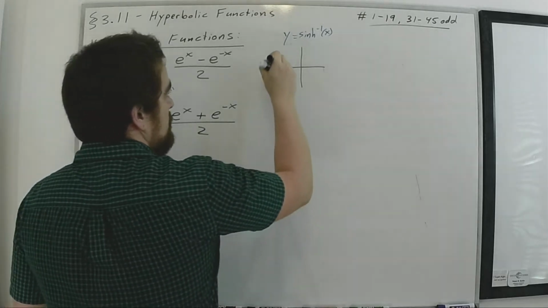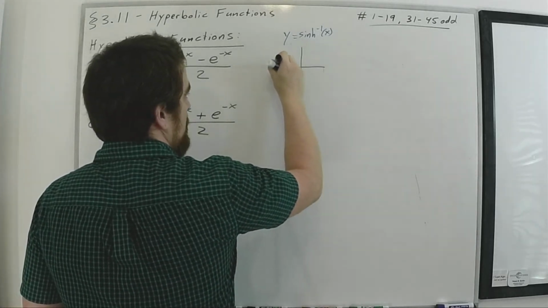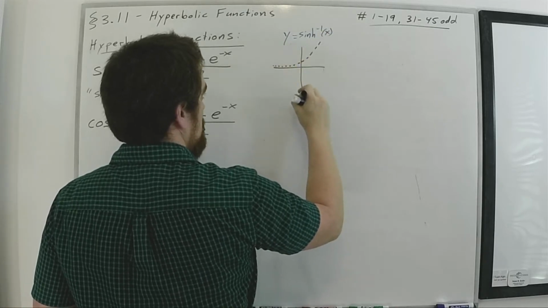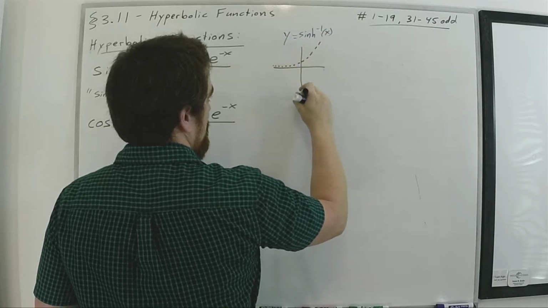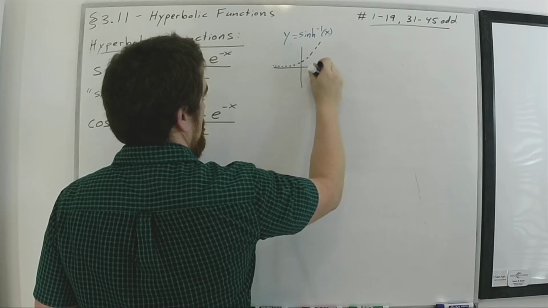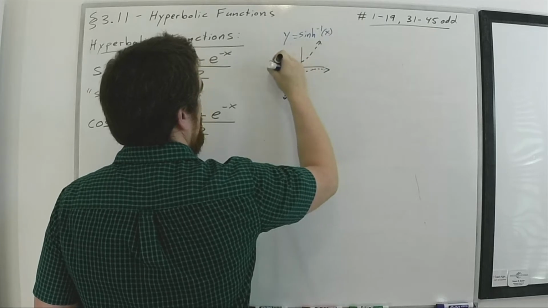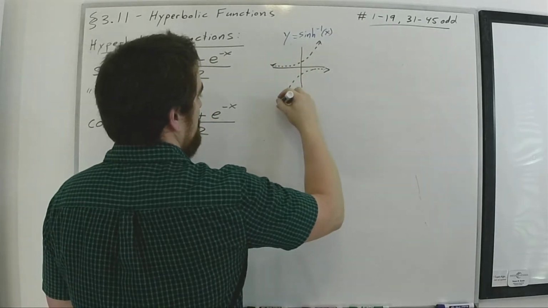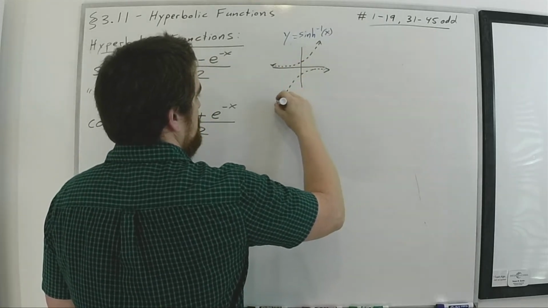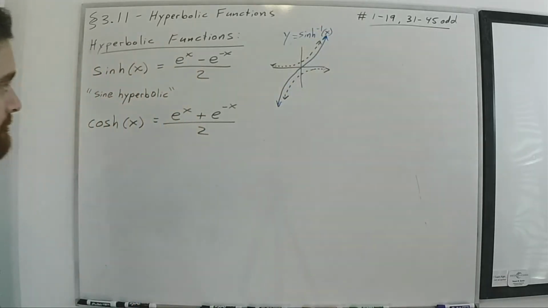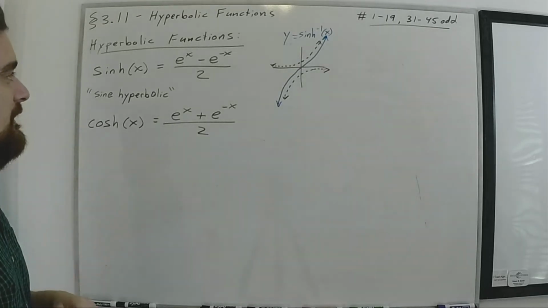So what you can do is actually graph y equals e to the x, and you can actually graph y equals e to the negative x. I'm not going to draw you the most perfect graphs, but sine hyperbolic sort of hugs these two graphs pretty nicely, just to give you a general shape of the graph.